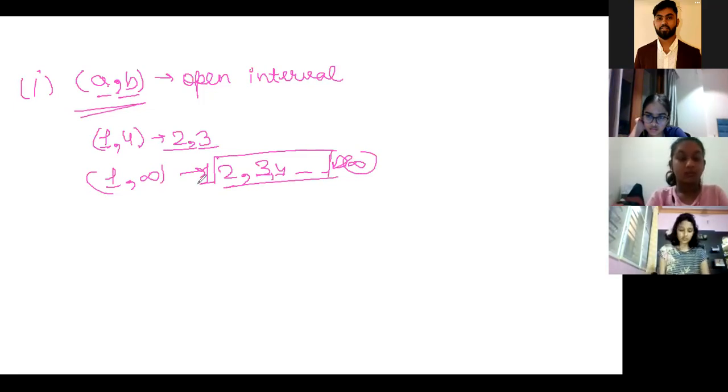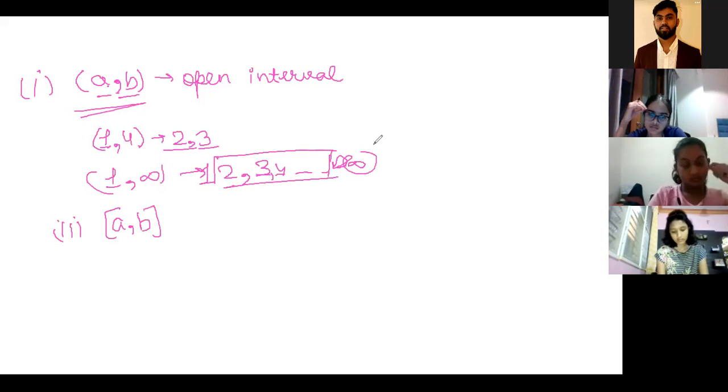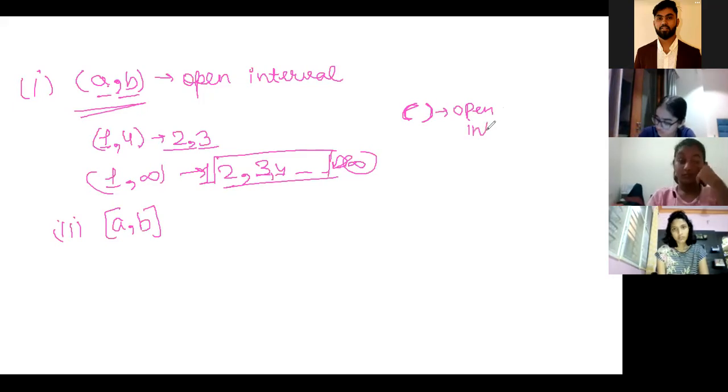Now, if we talk about the second point, a function f is said to be continuous in a closed interval. What do you mean by closed interval? This symbol is for closed interval. So you can note here somewhere in your register that these brackets denote an open interval, where we do not include the values given here and here, but all of the values between them.